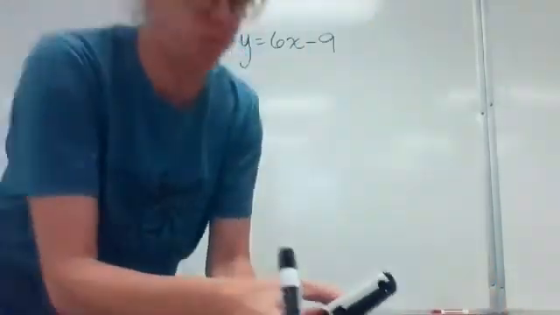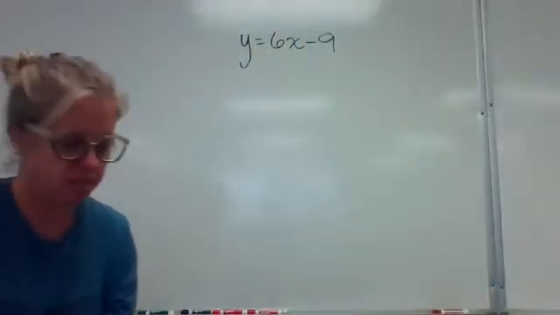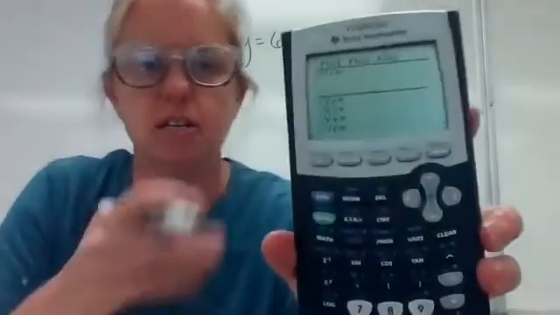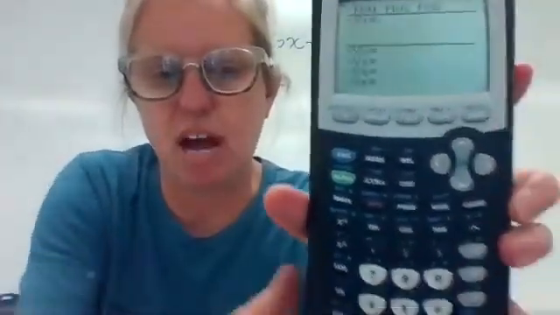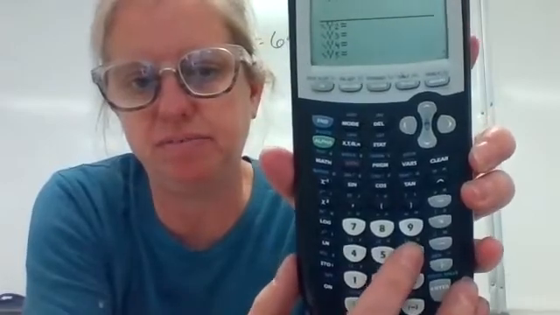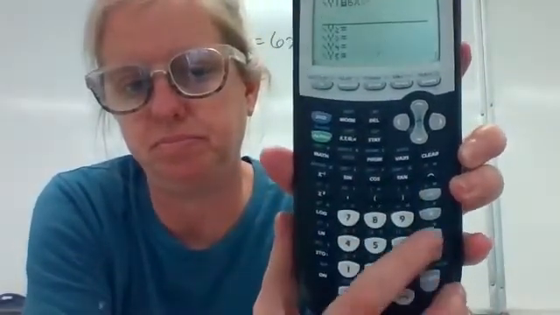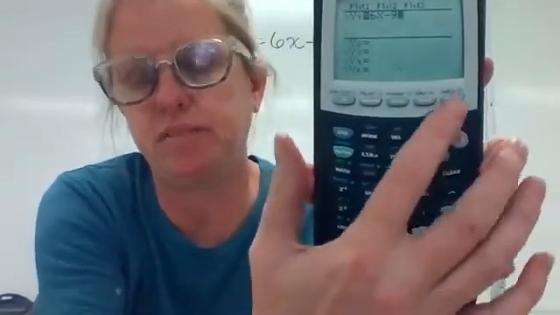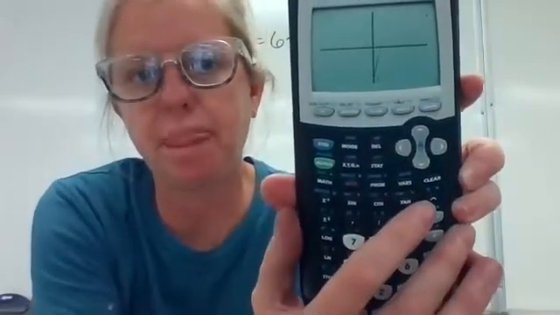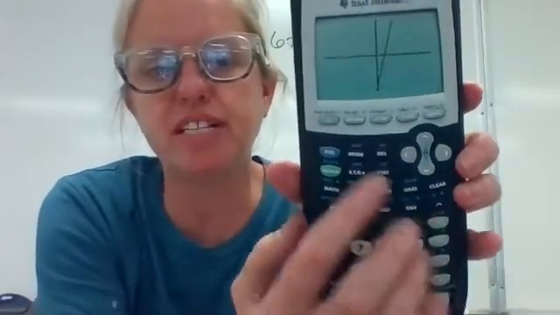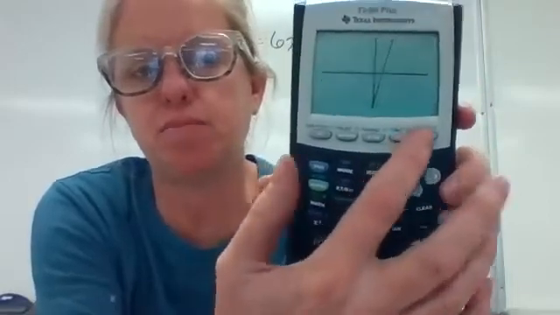All right, so what we're going to want to do here is just go to our y equals in our calculator. Type in 6x minus 9 and graph it. Now, we're going to graph this in MATLAB, which means I'm going to need some points.